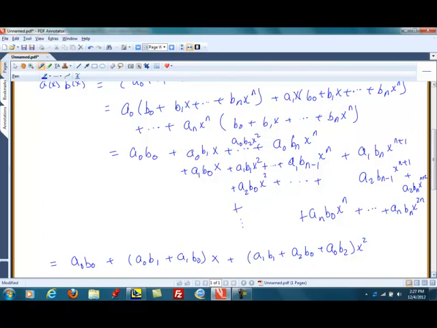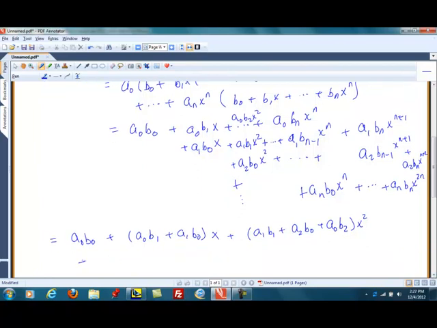From that, do you think we can see what would go with the x cubed terms? Notice something about this pattern here for the x squared terms. The sum of these numbers here is 2. The sum of the indexes is 2. So can we figure out what would go with the x cubed terms? Well, let's start with an A0.